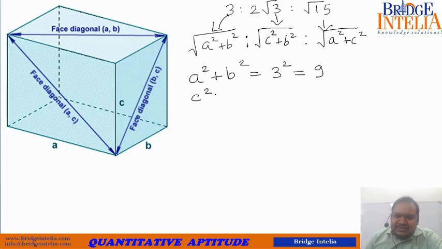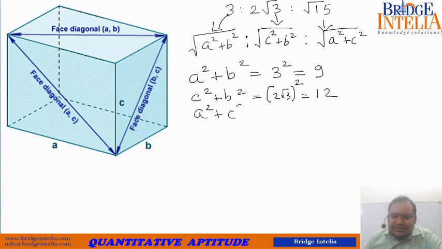Similarly, c square plus b square, so I am squaring this. If a square plus b square is 9, then c square plus b square must be equal to 2 root 3 whole square. So if you square this, 2 square is 4, root 3 whole square is 3, so 4 into 3, 12. Similarly, a square plus c square comes out to be equal to 15. So root 15 whole square, this is equal to 15.